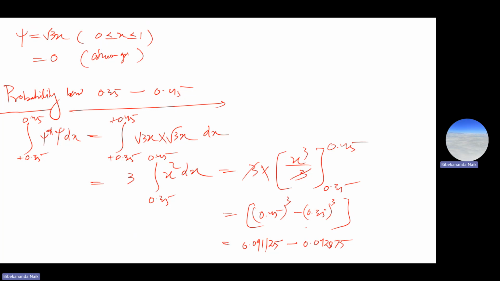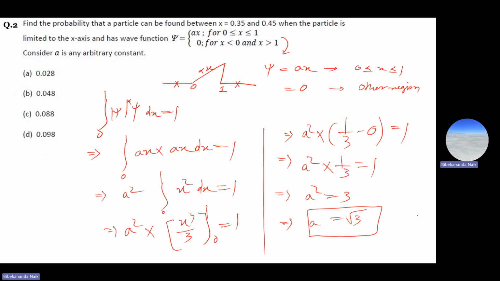So it is coming out to be 0.048. And if you see the options, the correct option will be option B, 0.048. If you convert it to percentage, it will be 4.8%.